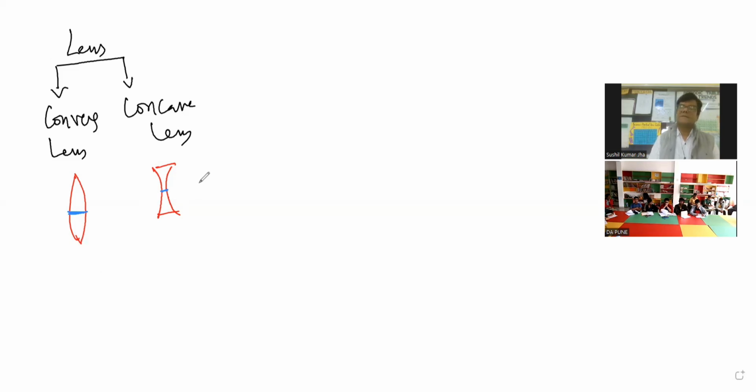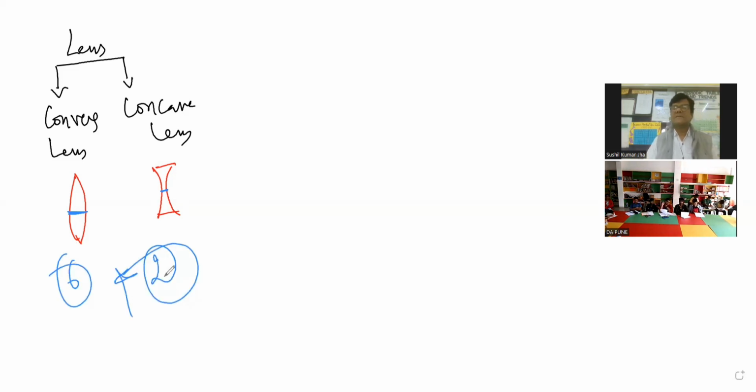Now, you were told to see all the ray diagrams in the NCERT. There were eight ray diagrams for mirrors. Similarly, you will find eight ray diagrams for lenses also: six for the convex and two for the concave.